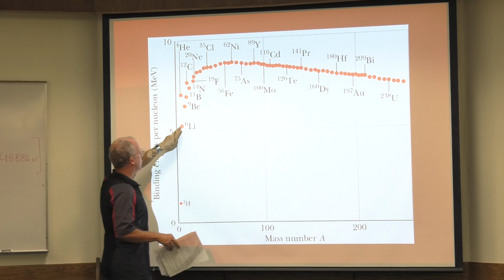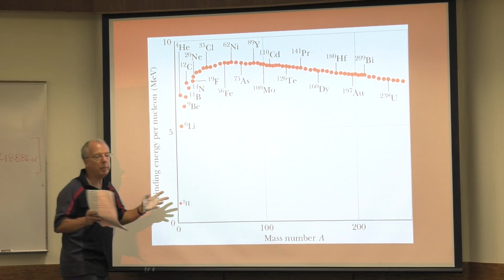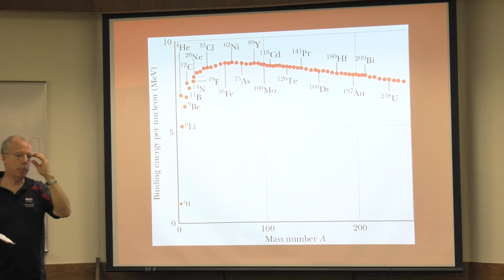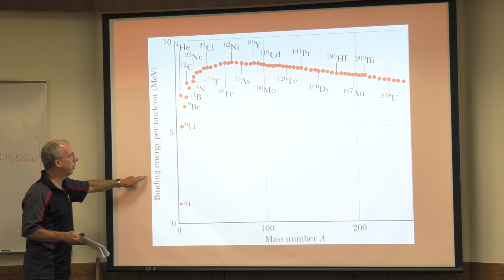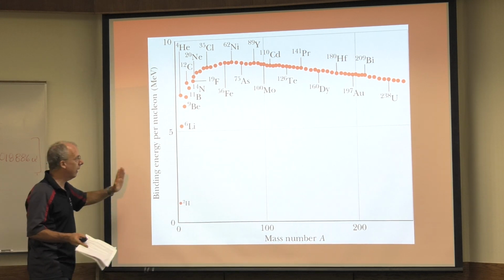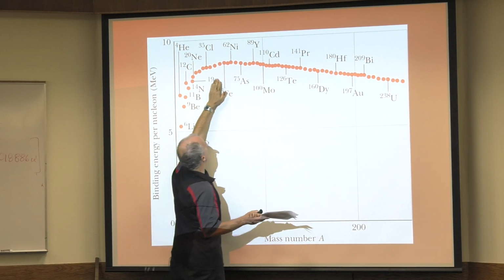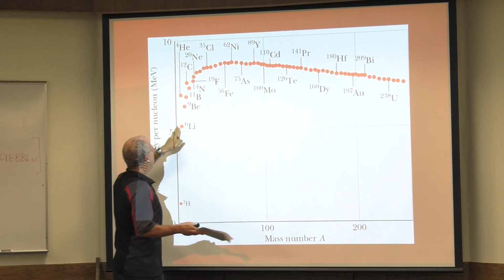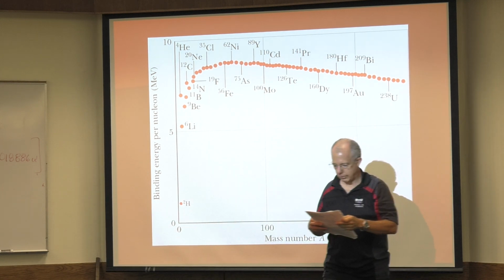Well, there's kind of a pattern. First of all, if you want a super stable nucleus, what do you want? You want the largest binding energy per nucleon possible. So you want large binding energy. These are the stable ones. These are not so stable, neither are these.